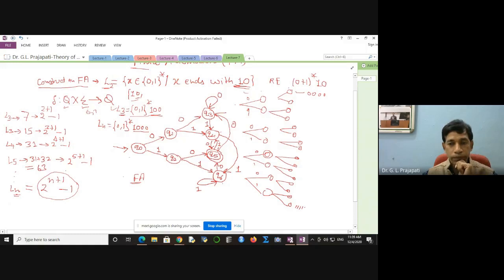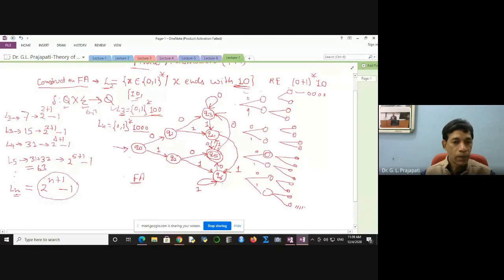So see the situation. If you are going to construct the FA where you need to remember the last n symbols, then you construct it like this, and you need exponential states here. n can be anything. If n is small, your number of states will be finite.